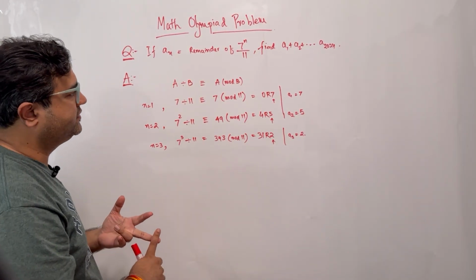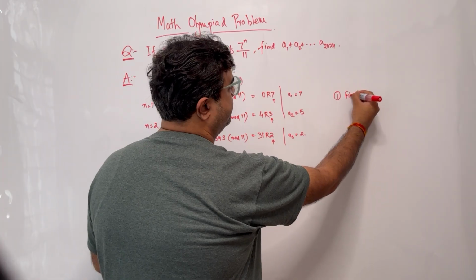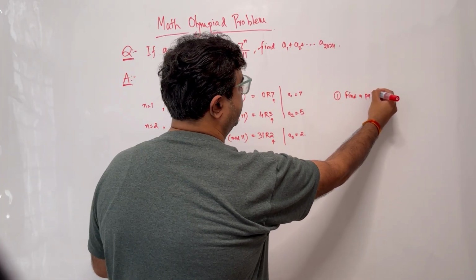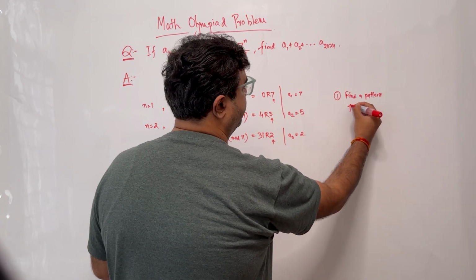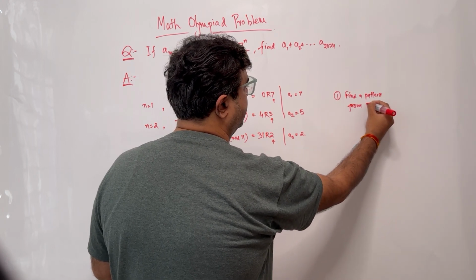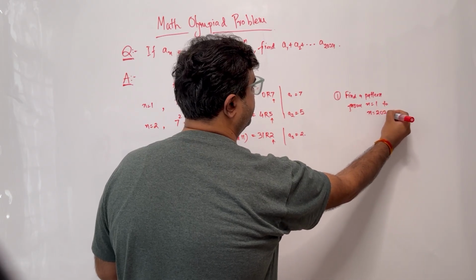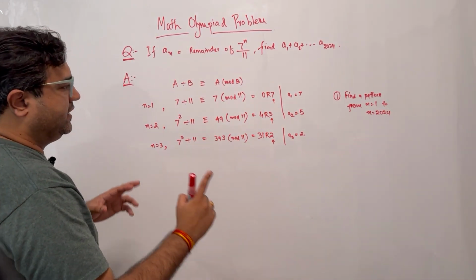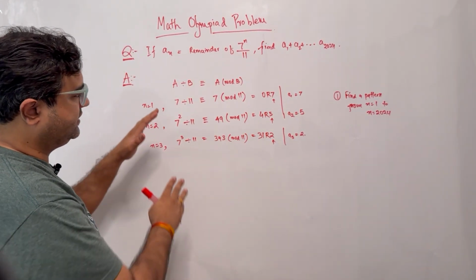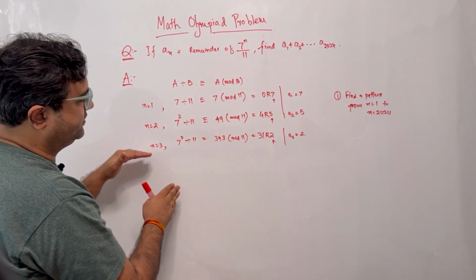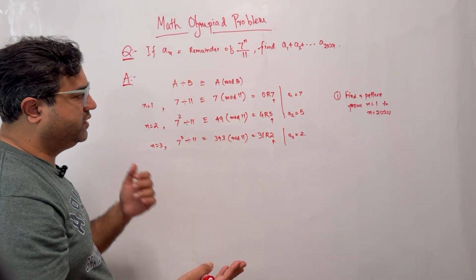The second thing is, okay, let me write it down. So first is find a pattern from n is equal to 1 to n is equal to 2024. Then the second is, even if we find a pattern, how does this modulus operation work?